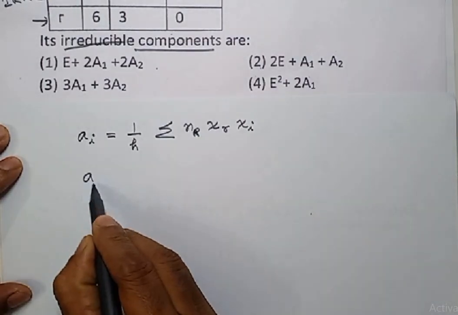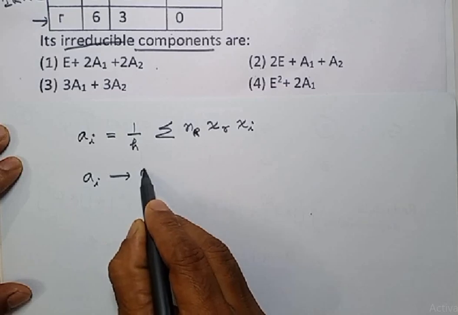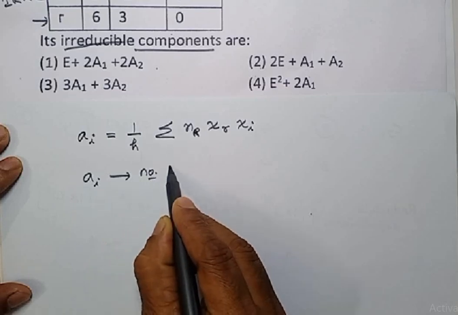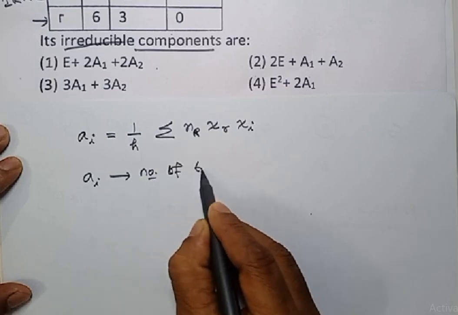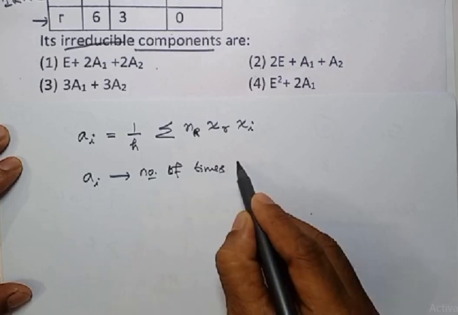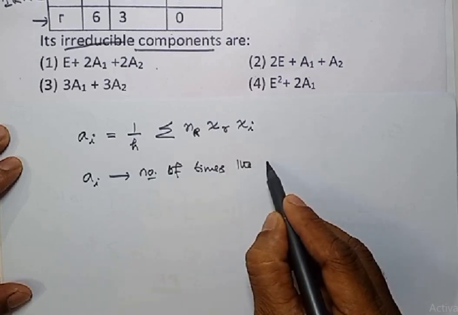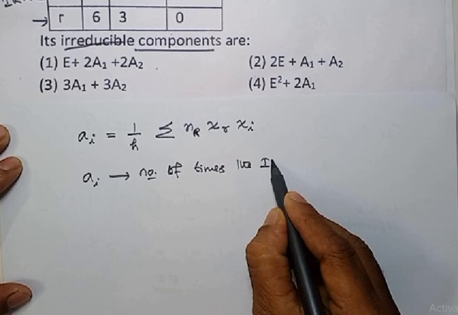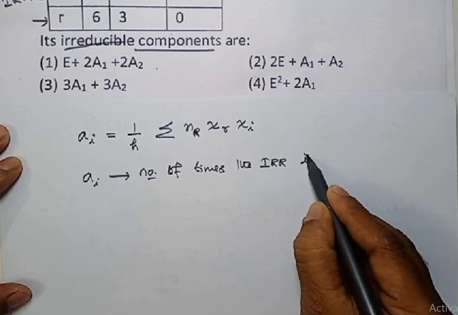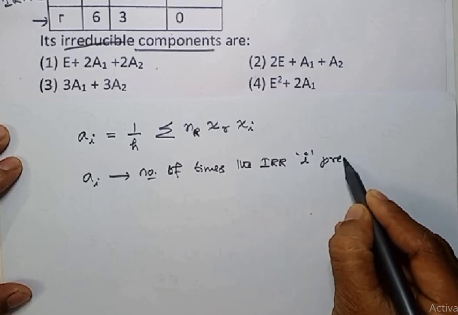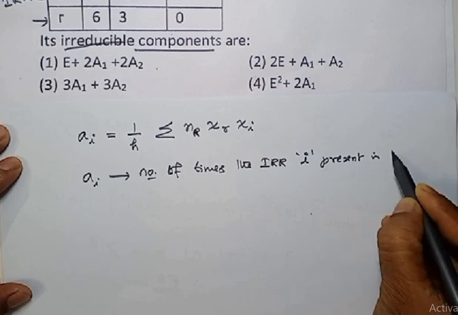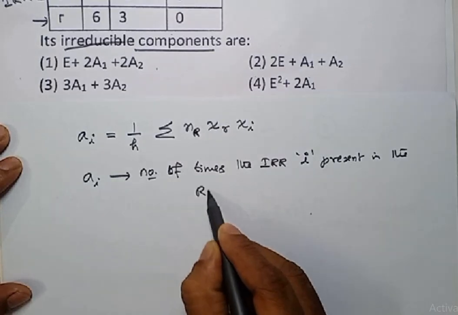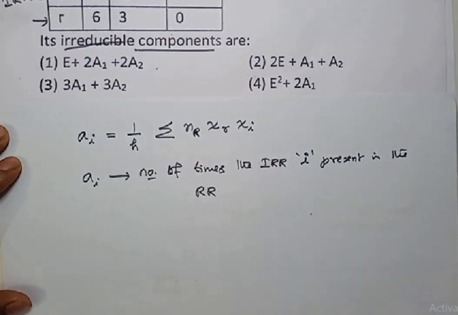What is a_i here? a_i is nothing but the number of times the irreducible representation i is present in the reducible representation. That's the meaning.